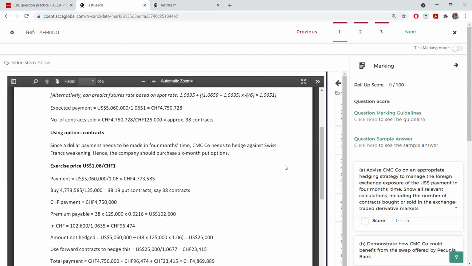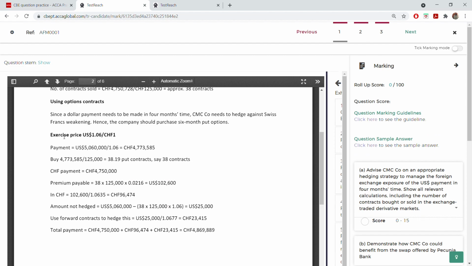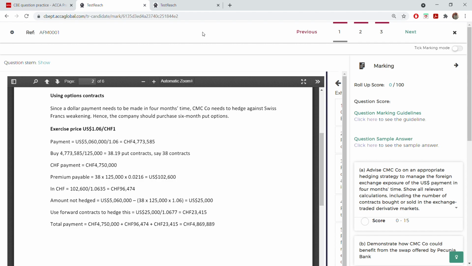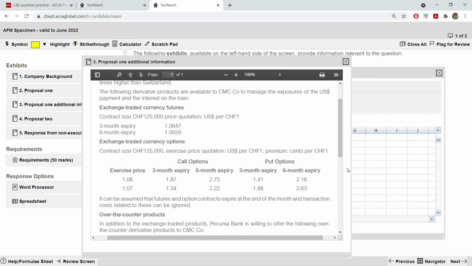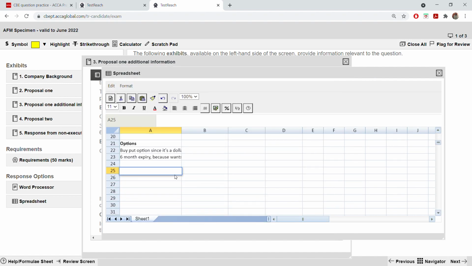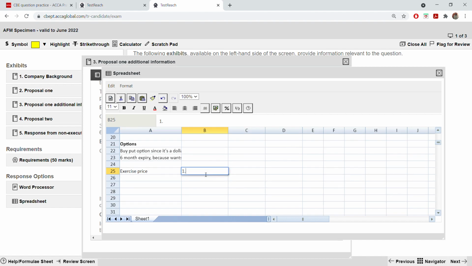How are you going to show it? Exercise price, and then exercise price 1.07. For options we have to write a lot of things. So write the exercise price, write both the exercise prices in one cell, so that later you can use it for your reference.